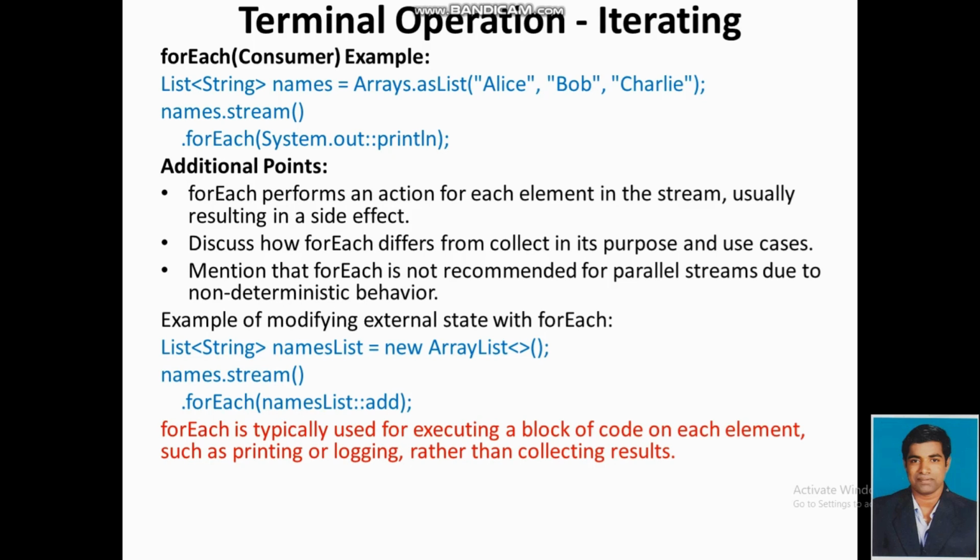Terminal operation: iterating. forEach consumer example. A List<String> and the list name is names equals Arrays.asList Alice, Bob, Charlie are the values stored inside the list. names.stream() helps us to create the stream. .forEach(System.out::println) helps us to print whatever values are stored inside the list by iterating over the indexes.